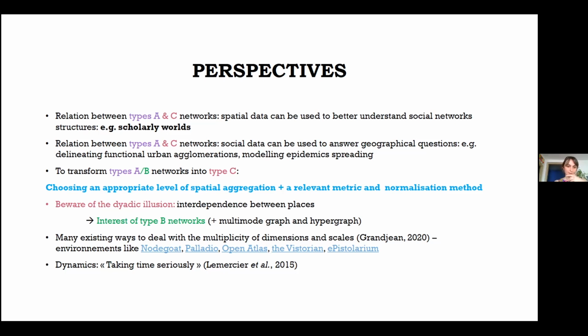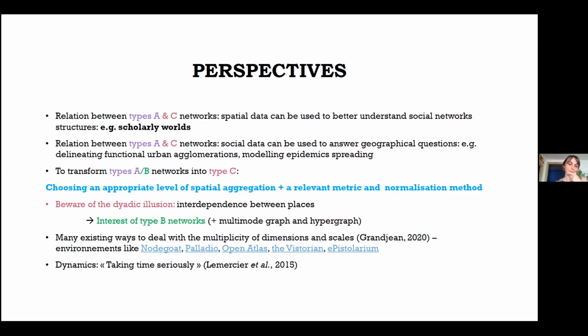Then you have to keep in mind that when transforming A or B networks into type C, there are many methodological issues to deal with, like the choice of a spatial aggregation level and the choice of a normalization method.